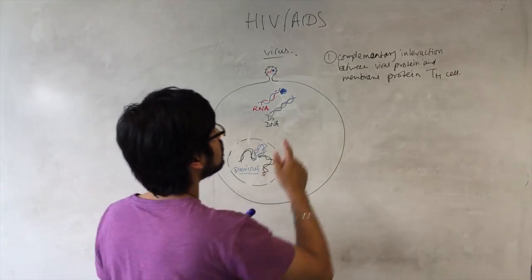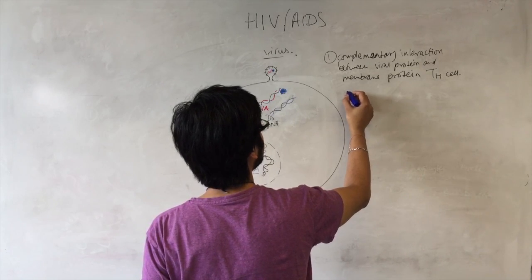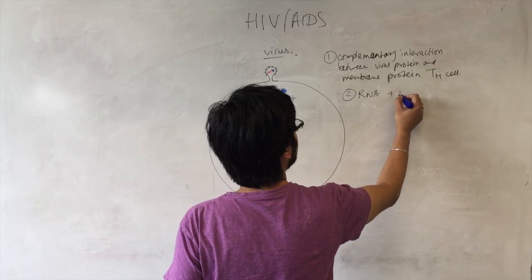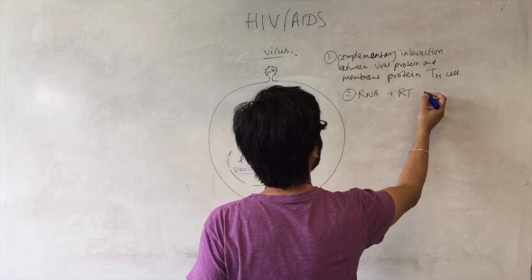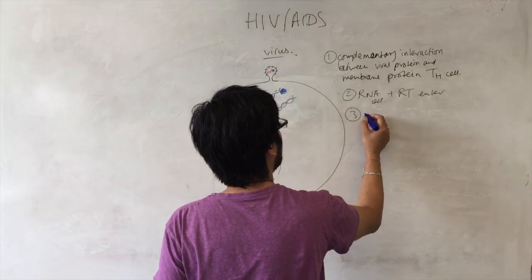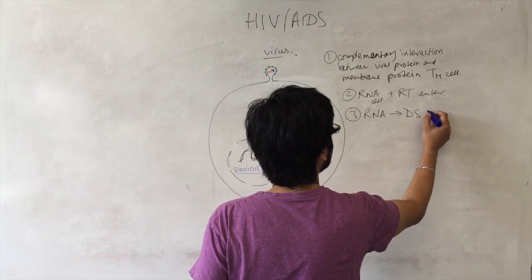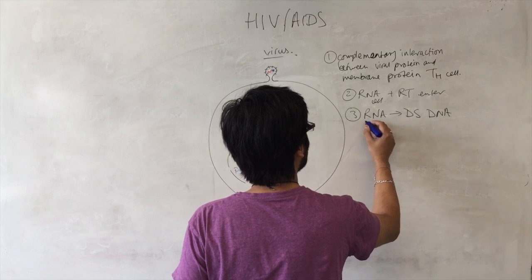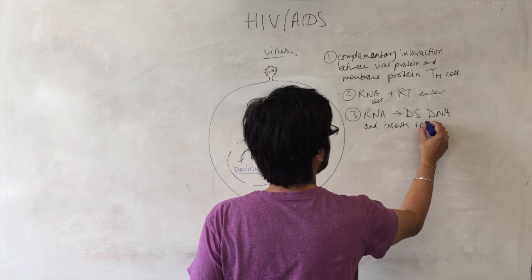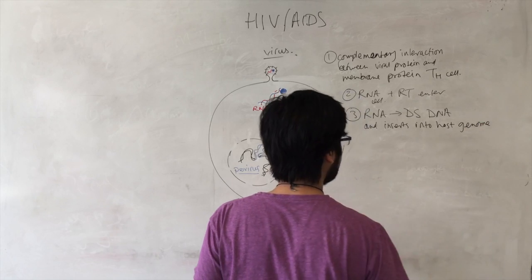So shall we just recap then? One, complementary interaction between viral protein and membrane protein on the T helper cell. Two, RNA and reverse transcriptase enzyme enter the cell. Three, RNA is converted to double-stranded DNA and inserts into the host cell genome.